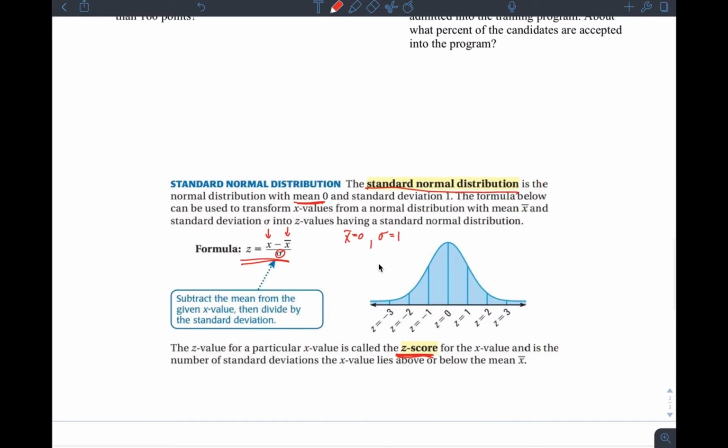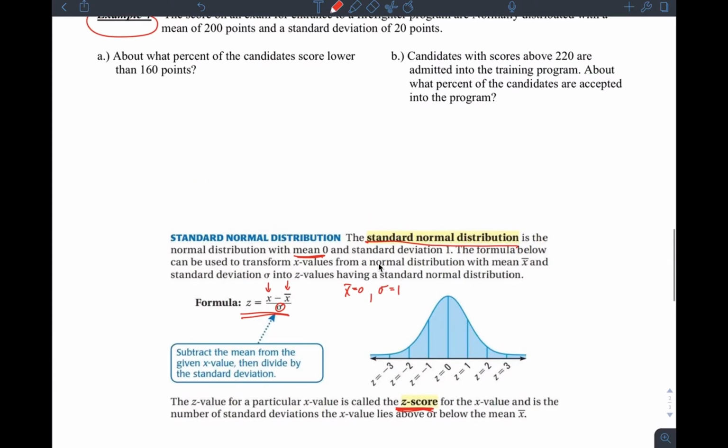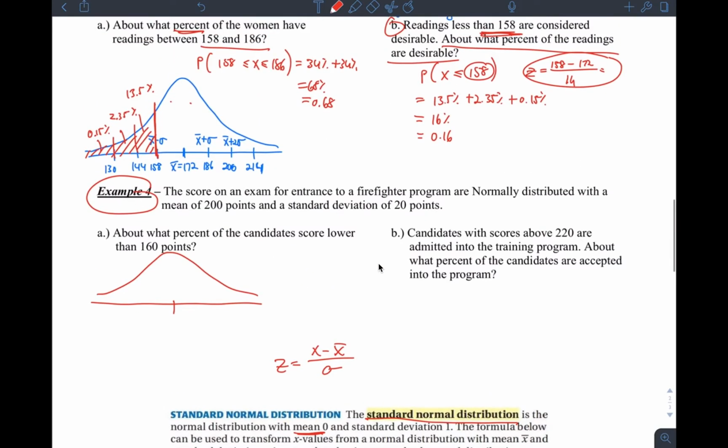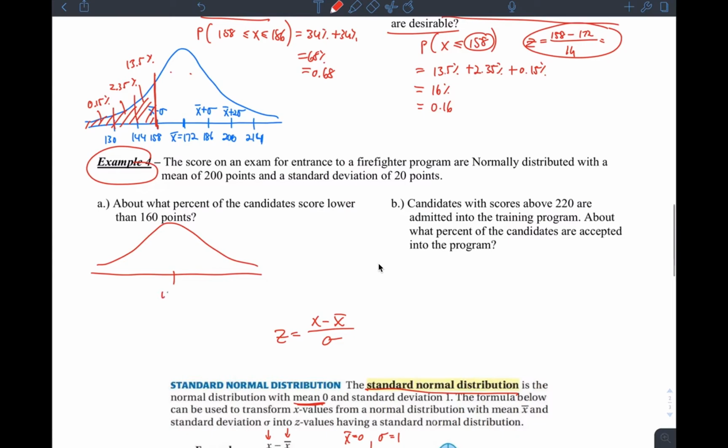The most powerful thing to understand about the standard normal distribution is this. We have this powerful formula called z equals x minus x bar over sigma. I take one normal distribution that has, let's say, mean 172 and standard deviation 14, which gives me something like this.